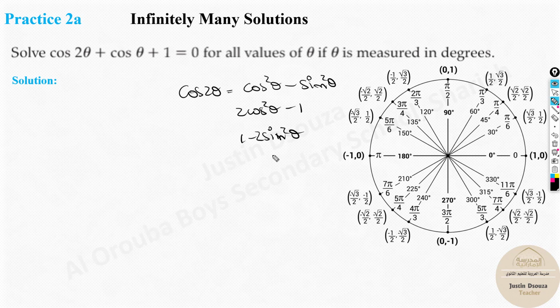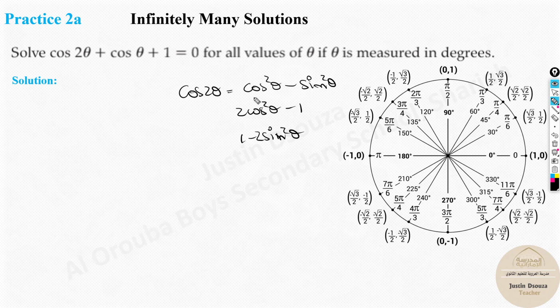Now which helps us? The first one will just be more complicated. The second one can be used, but then you have sine square and cos square, which is not easy to simplify. But the 2 cos square theta minus 1 one is the most ideal. Why? Because the 1 and minus 1 also cancel off.